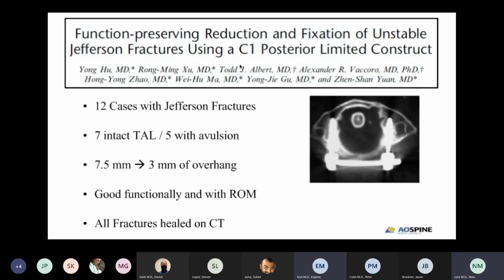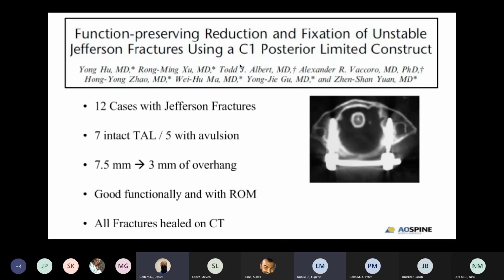How do you get this reduction? So it's kind of an axial load, right, to the ring that's splayed out. So you've got to do some traction. And you distract across it, and that allows the lateral masses of C1 to kind of reduce, and once you have your screws in place, then you can compress.